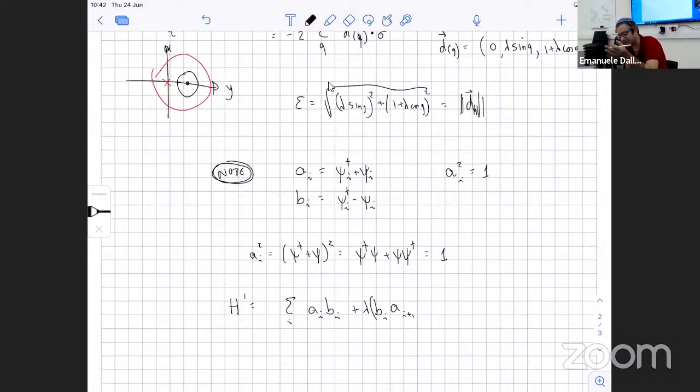I forgot to mention the key fact. The key fact is that A I dagger equals A I. This is the key property of Majorana fermions. So basically, the Hermitian conjugate of this is going to be again the same term. When you multiply an A and a B fermion, you obtain something that is Hermitian, right? If I take A B and I take the dagger, what I get is B dagger A dagger.